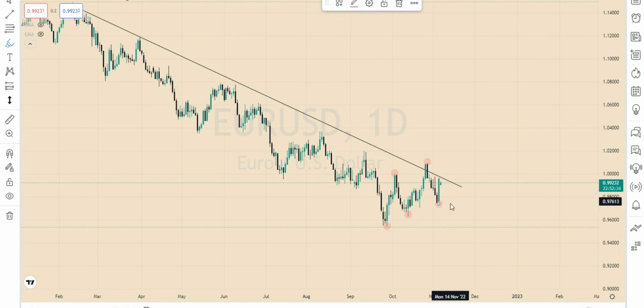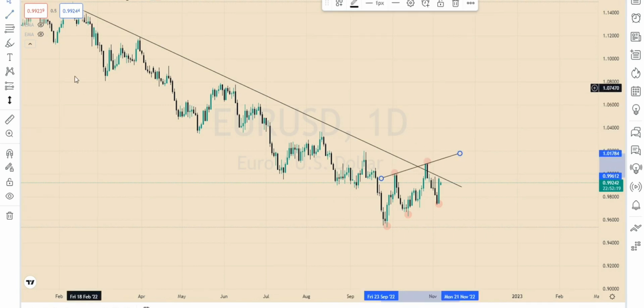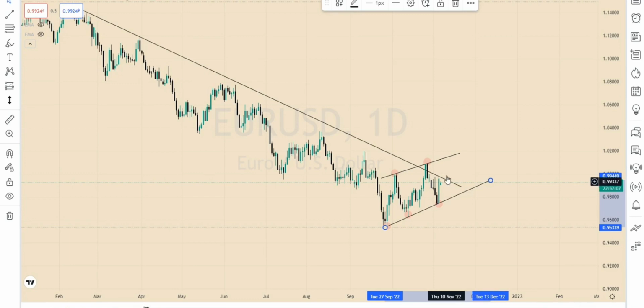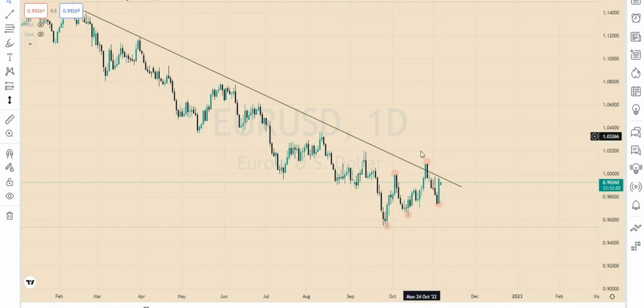So what Euro USD is basically doing now is that we are retracing, and those who trade chart patterns will draw lines like this, and maybe they will call it a flag, or whatever it is. So when you look at this, you can see that we are bearish long term, but in the short term, we are making a retracement.